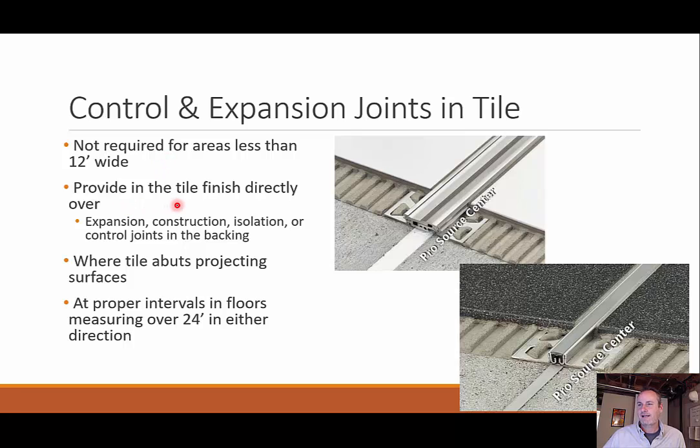We can provide expansion joints, construction joints, isolation or control joints in the tile finish, where tile abuts projecting surfaces and at proper intervals over 24 feet in either direction. So I can see a couple different styles here. I can see how one would basically go inside the other as it tries to expand. This one has a rubber membrane, which it can compress or expand as needed.